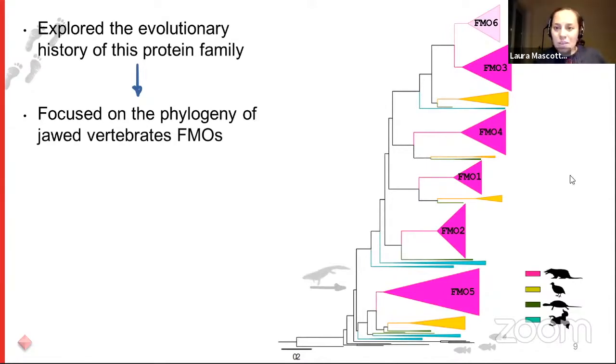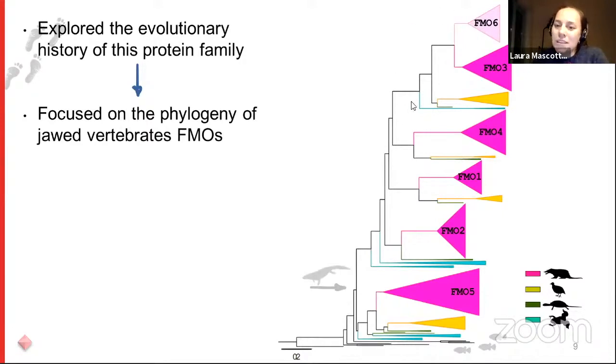So here you can see the phylogeny of the jawed vertebrate FMOs, and you can see that in pink we have the mammals, and here are all the paralogs, FMO3, 4, 1, 2, and 5. You see clearly that FMO6 is a specific duplication that occurred only in mammals from FMO3. But this is very interesting.